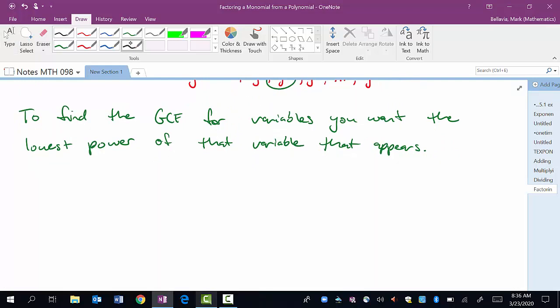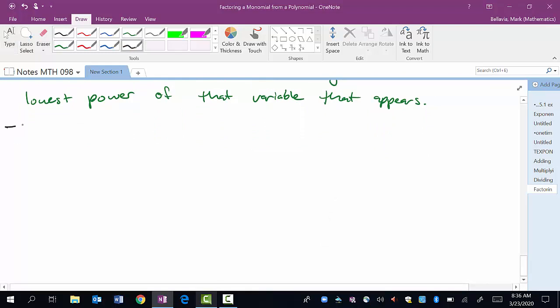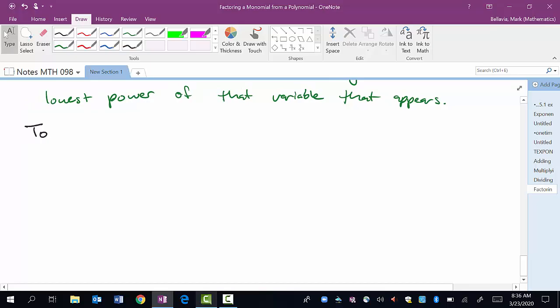All right, and now we'll talk about our steps for factoring. So we already did this earlier, actually, in the examples where I said factor, but we'll write it out a little more formally here. So if I said to factor a monomial from a polynomial, and when I say to factor a monomial from a polynomial, I'm really saying I want to factor out the GCF.